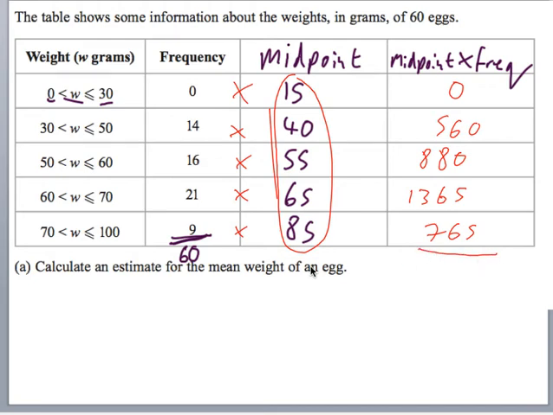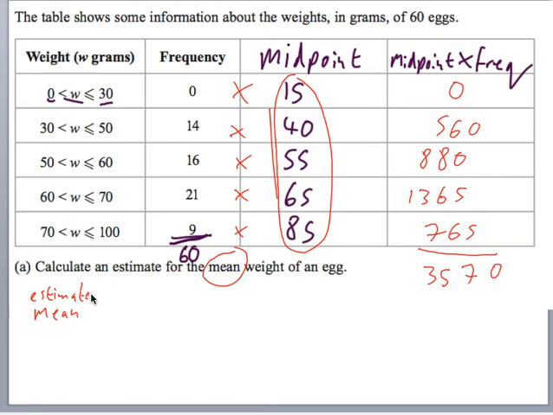The next step is to find the total of my midpoint times frequency column. In this case it's going to give me a value of 3,570. Now it's not over yet. We've probably picked up quite a few marks for this process so far, but I'm asked to find the mean. The mean in this case is an estimated mean.